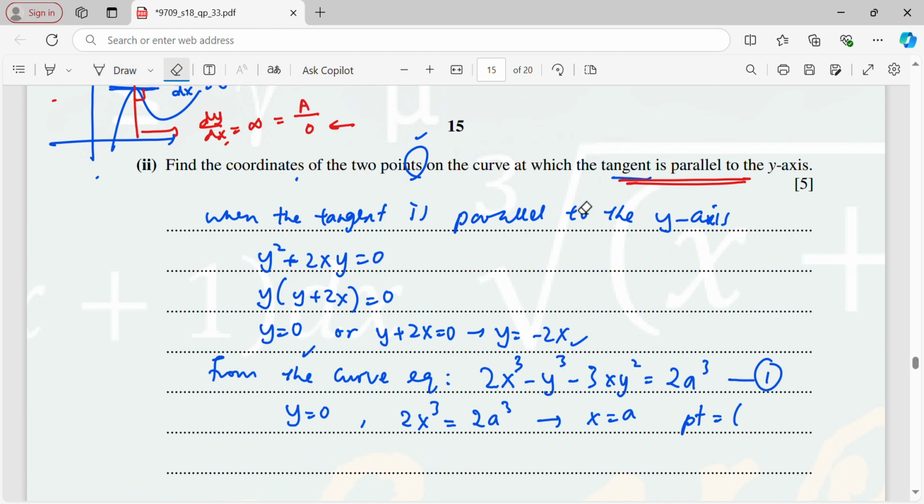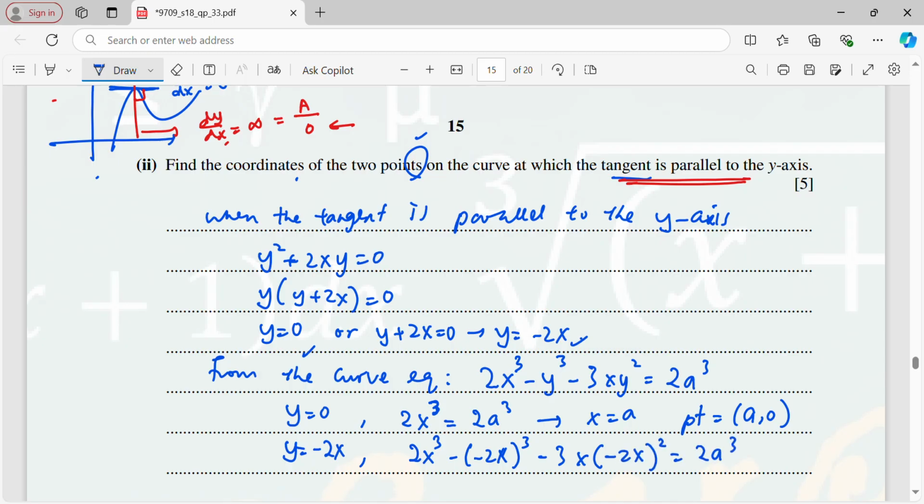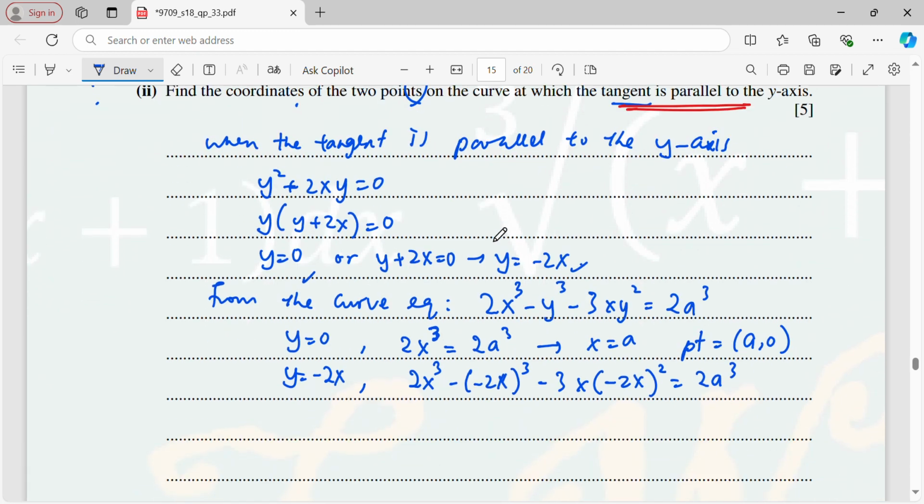Then now here, when y equals negative 2x, basically no need to label this as first equation. So I will replace, you will be getting 2x cubed minus negative 2x cubed, then minus 3x, the y is replaced by minus 2x, and square it. That equals 2a cubed. Then from here, you will be getting 2x cubed.